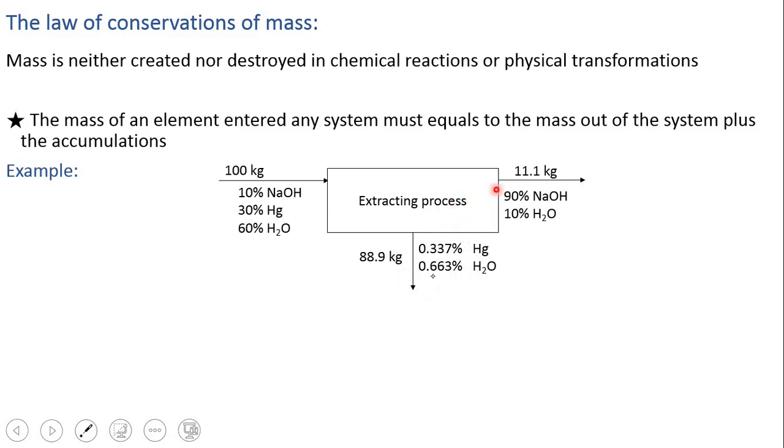After you extract it, you have 90% NaOH and 10% water at a flow rate of 11.1 kilogram, and on the other stream you have the mercury and water. So let's apply the law of conservation of mass. For the overall balance, we have 100 kilogram being split into two streams. One of them is 11.1 kilogram and the other is 88.9 kilogram.